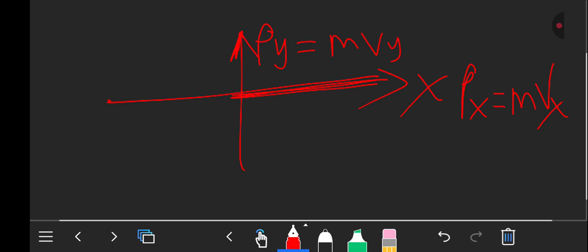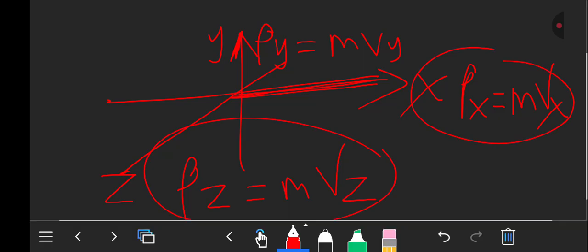In terms of z, linear momentum in z will be equal to the mass multiplied by velocity in z. This is not our focus at this moment, but you just need to have an idea that linear momentum can be expressed in these forms. Our focus mainly is the linear momentum in terms of x and in terms of y.